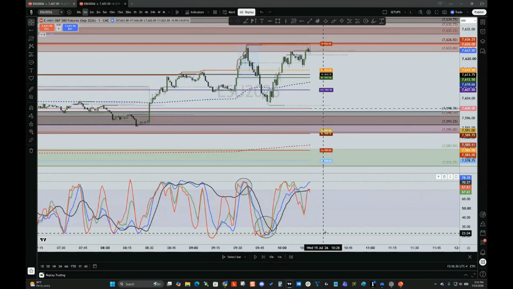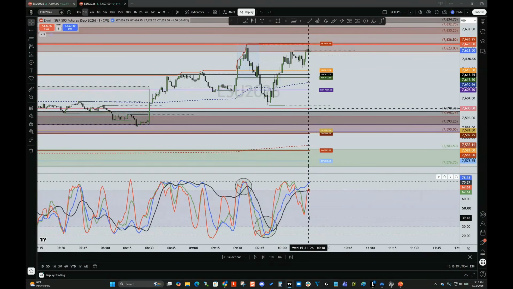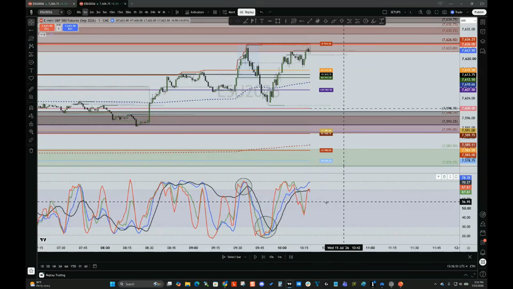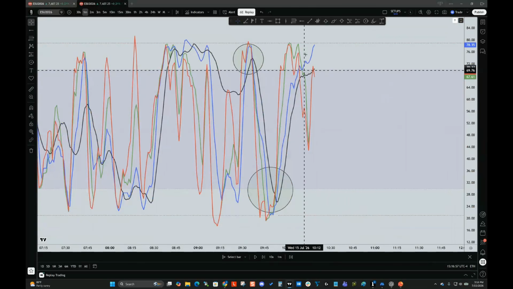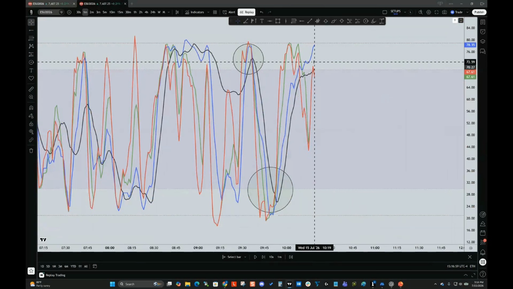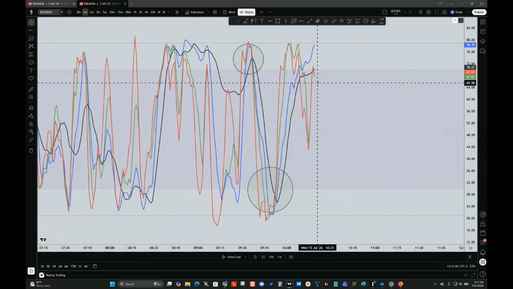Okay, now after reaching the target at 10:19, we have an almost perfect cycle rotation short setup. I say almost perfect because not all the 4 lines are above the threshold before the red line crosses down.